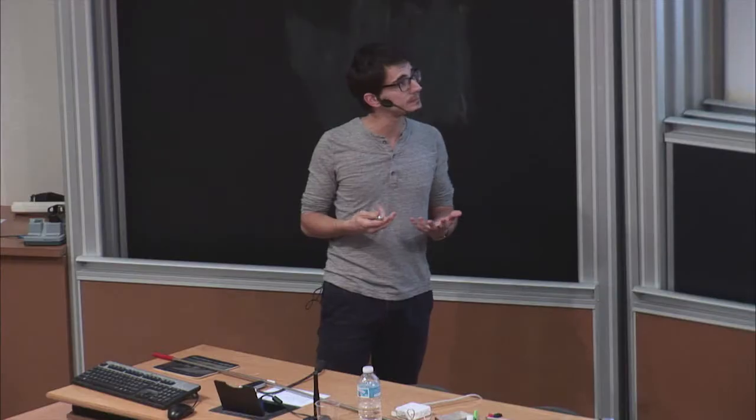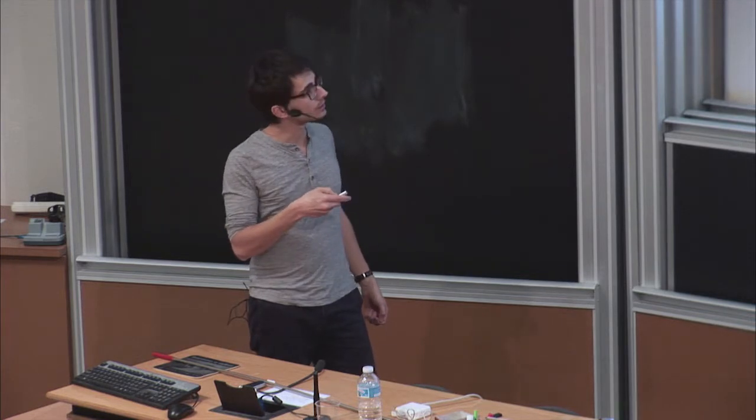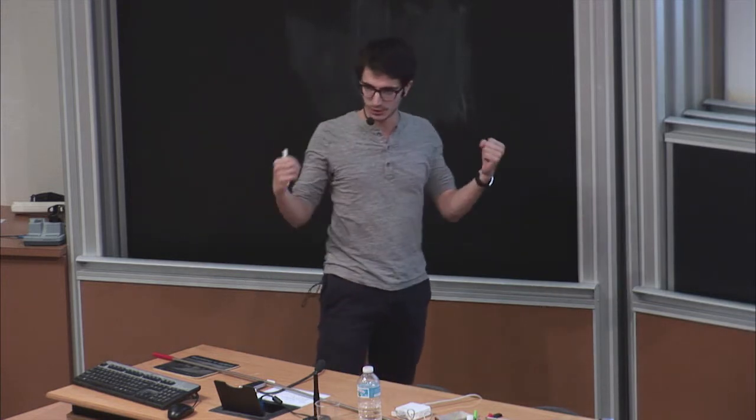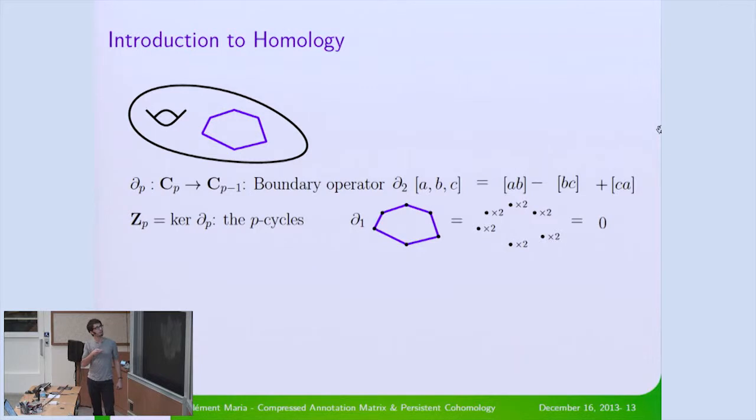As we are working in Z2, this will cancel out and be 0. So the cycles, which are the interesting objects we want to deform along the shape, are contained in the kernel of the boundary operator.